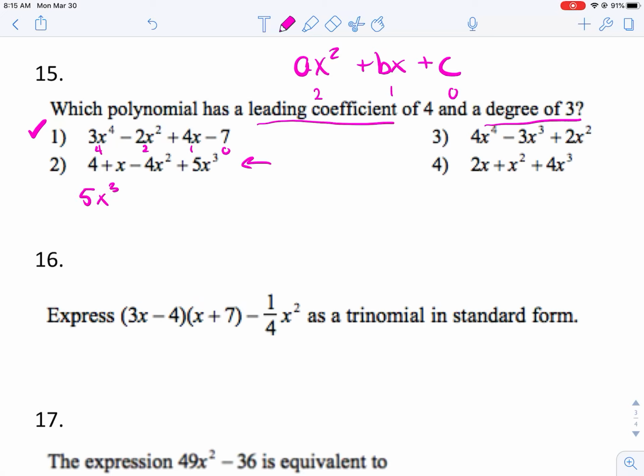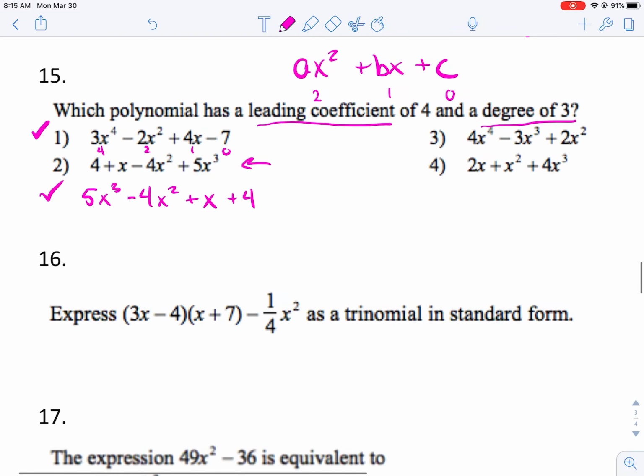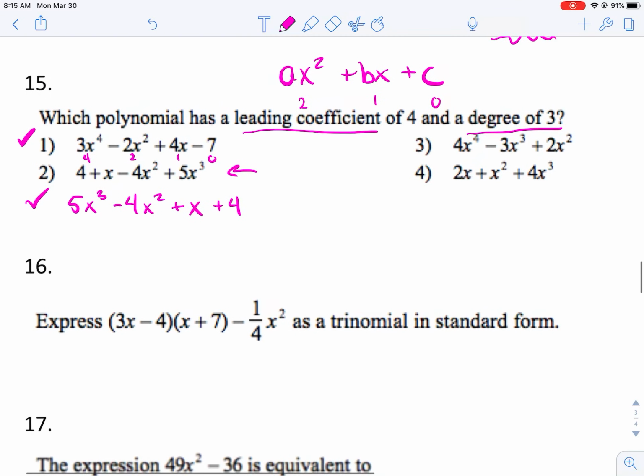I'm looking at this one down here. All right, let me put this one in the correct order. So it's going to be 5x cubed minus 4x squared plus x plus 4. All right, so now this one's in standard form. Let's take a look at number 3. 4, 3, 2. Okay, that one's in standard form.